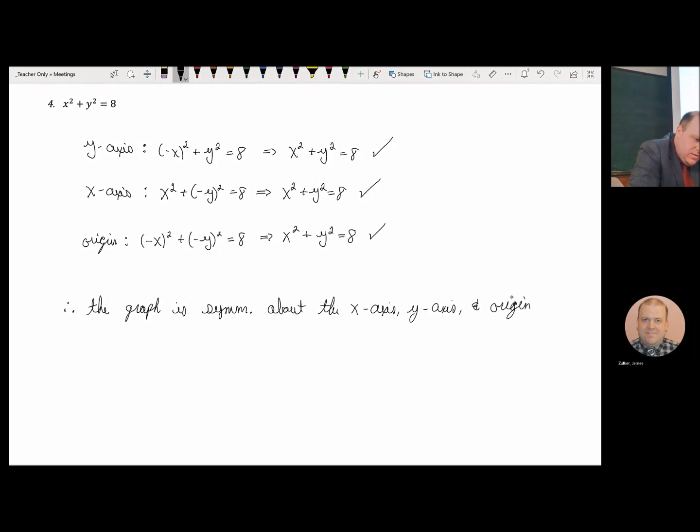We have all three types of symmetry, right? X, y, and origin.